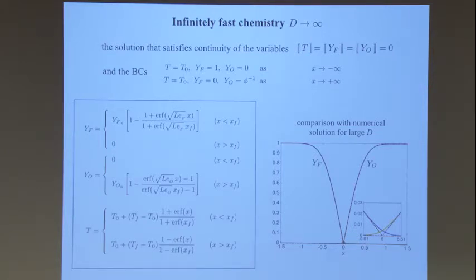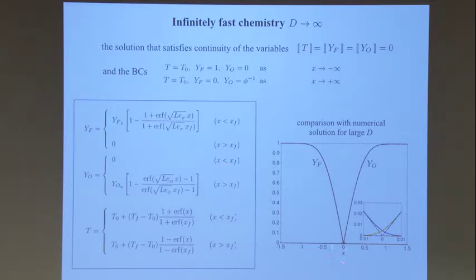Okay, this is the limit. So you can write the solution for the fuel, the oxidizer, and the temperature. Note that I have retained the Lewis number, and of course the fuel is 0 behind the reaction sheet, and the oxidizer is 0 ahead of it. So here is the solution.